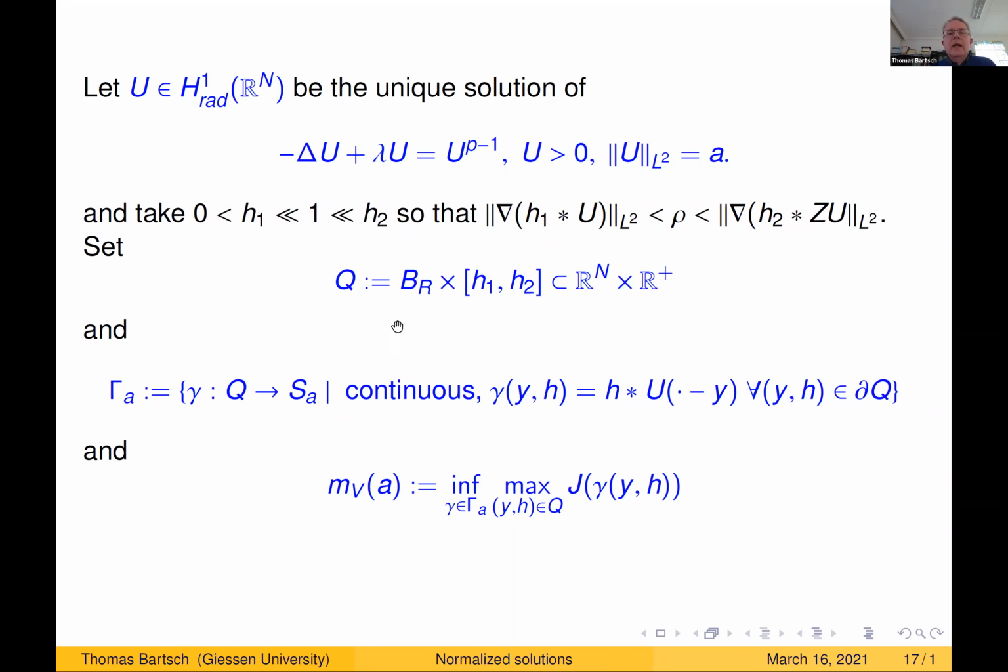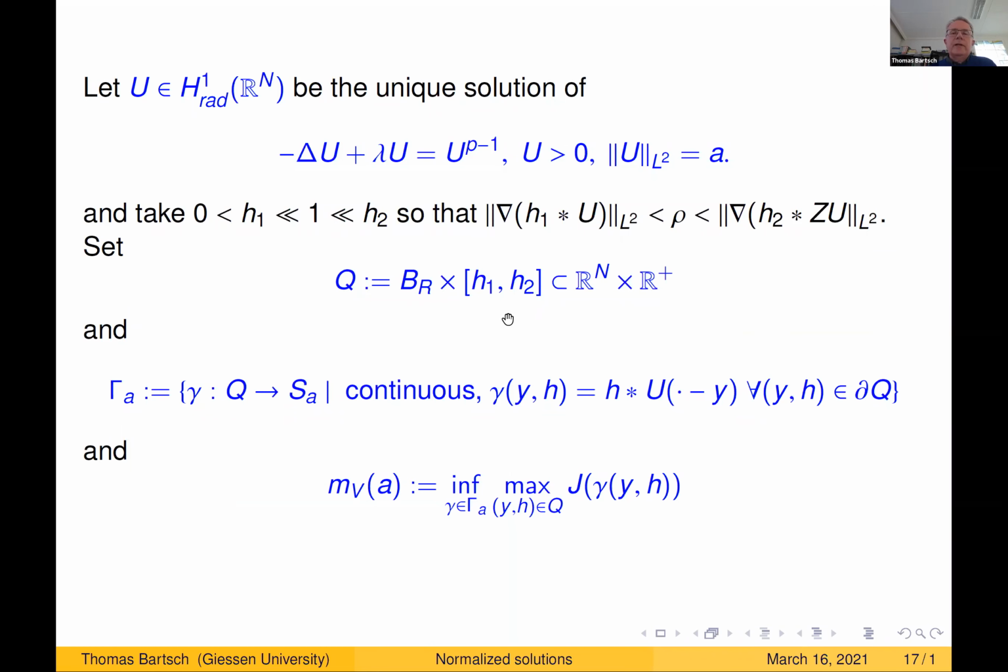Okay. And then we look, let's say, on this kind of cylinder: we take the ball of some radius r in Rn times the interval H1, H2. Think of r being large, H1 being very close to 0, H2 being also large.